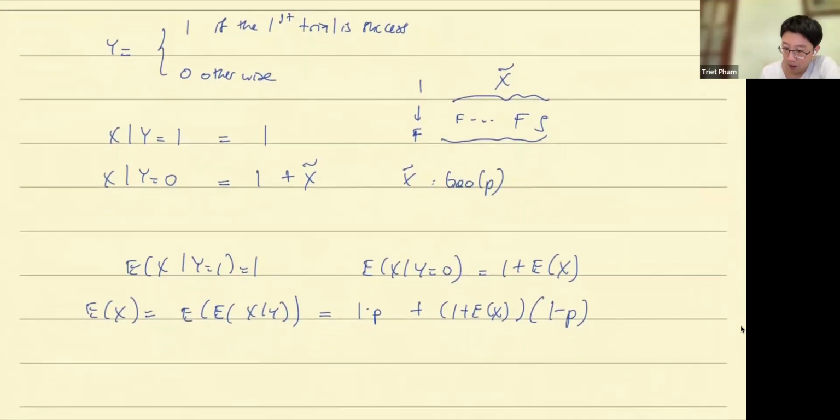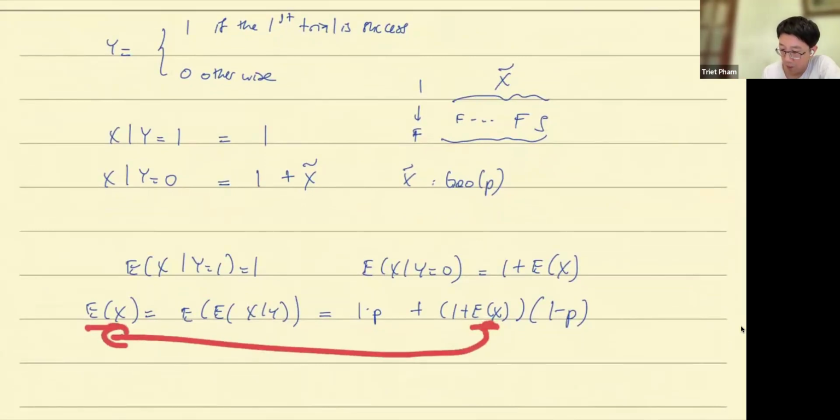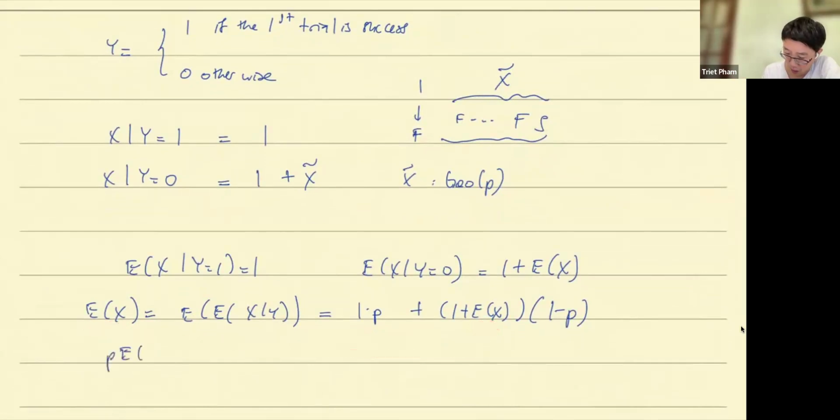So what turns out is that our analysis gives us an equation in terms of E of X. And if you bring this over here, 1 minus p is just p, and then p plus 1 minus p is equal to 1. And therefore, the expectation of X is 1 over p.